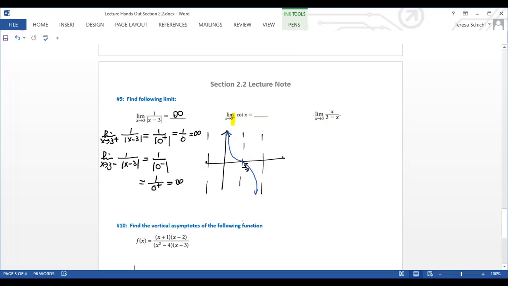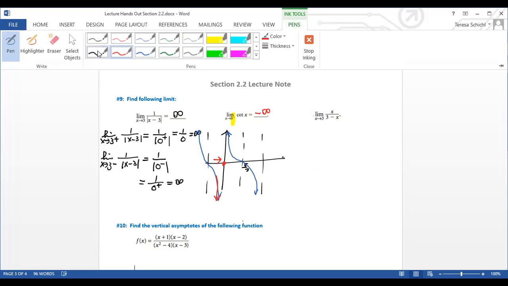And then in here, I have here and I have here. So this is my cotangent graph here. Take a look here. Because I am approaching 0 from the left-hand side, that means I'm going with this graph here, right? So what is the cotangent here? It's negative infinities here.